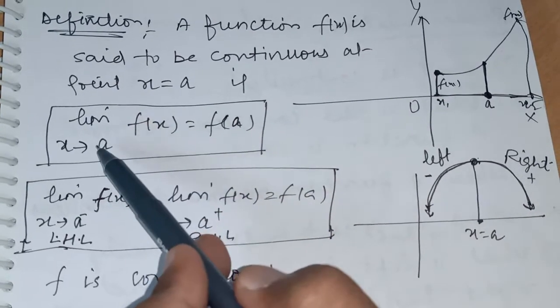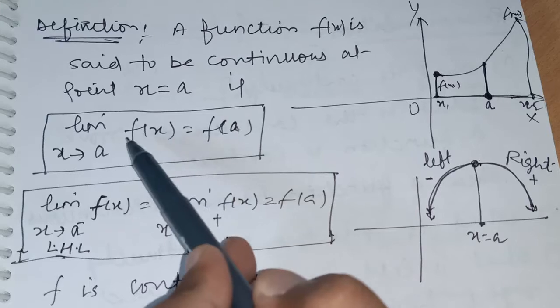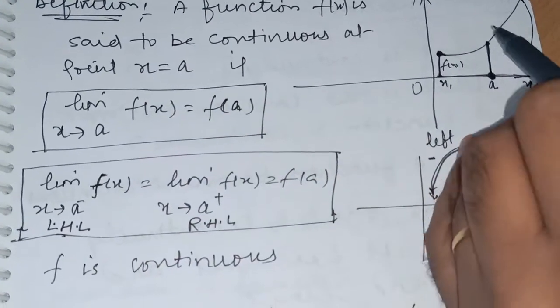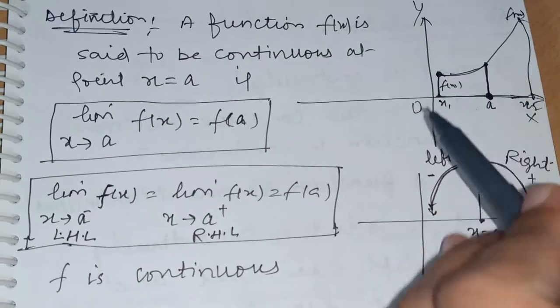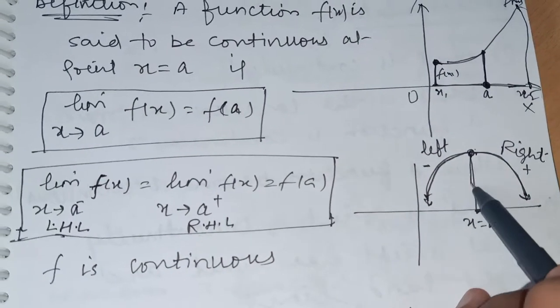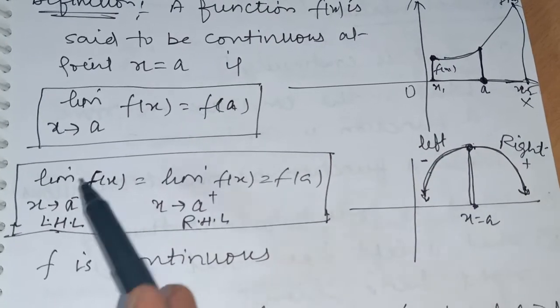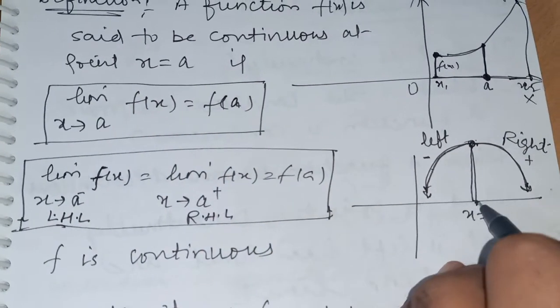What is the meaning of limit x tends to a, f(x)? As we studied earlier in class 11th in the topic limit and derivative, limit stands for two parts: the left part and the right part, that is, the neighborhood of the point.